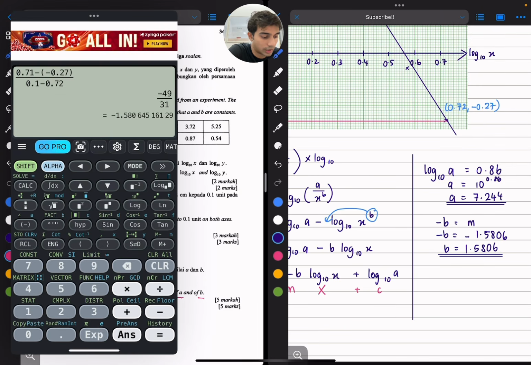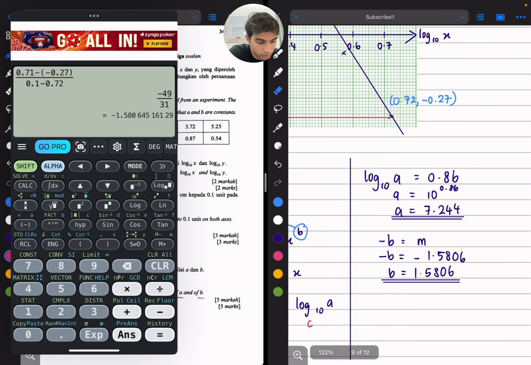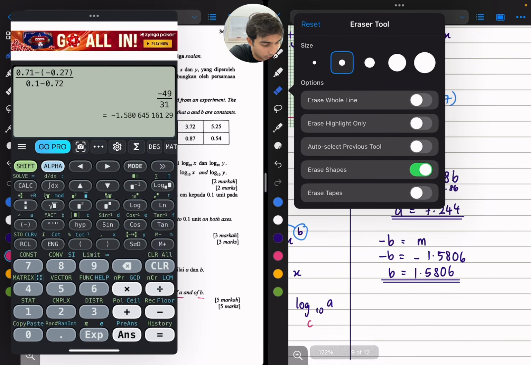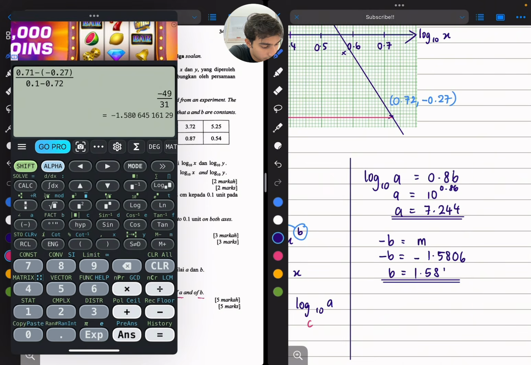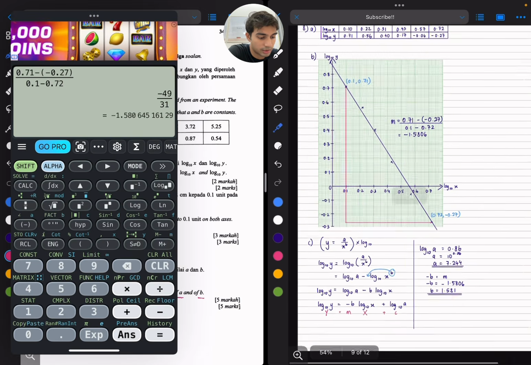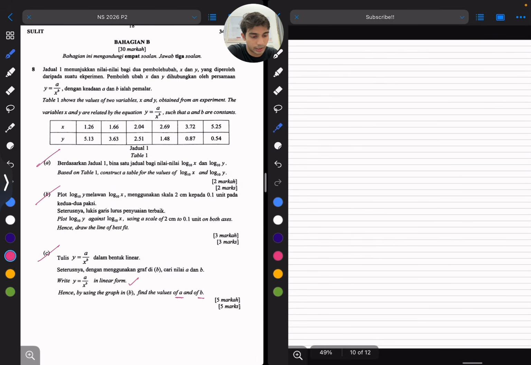Done. Actually, let's stick to 4 significant figures. Let's erase the last one. So 1.581, that's enough. Since this one is in 4 SF, this one is also 4 SF. Done. That's it. This is how we do our linear law.